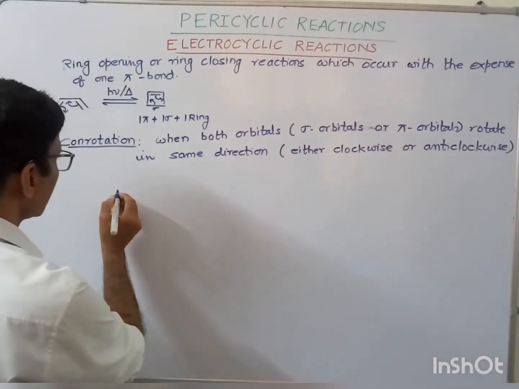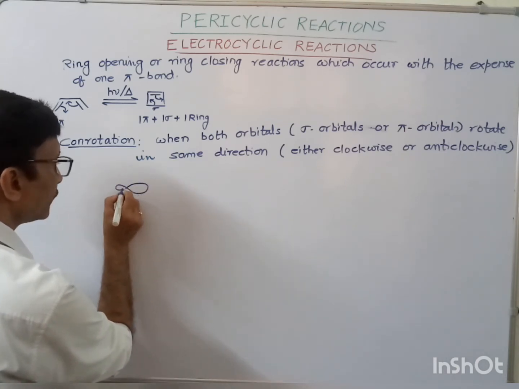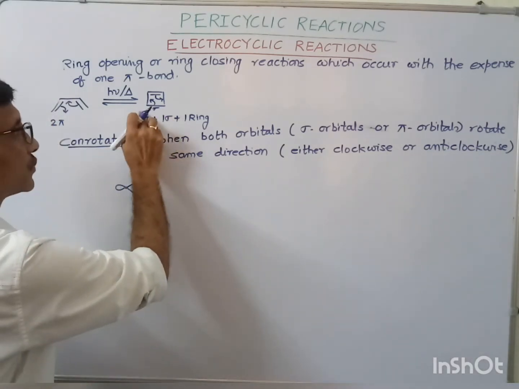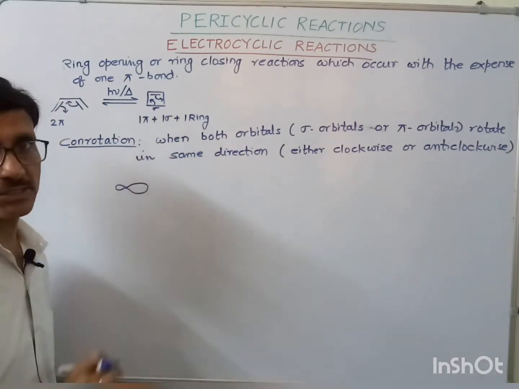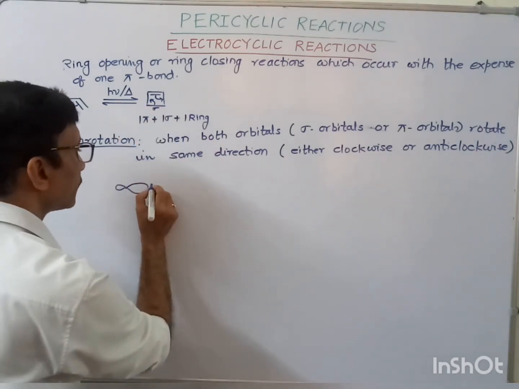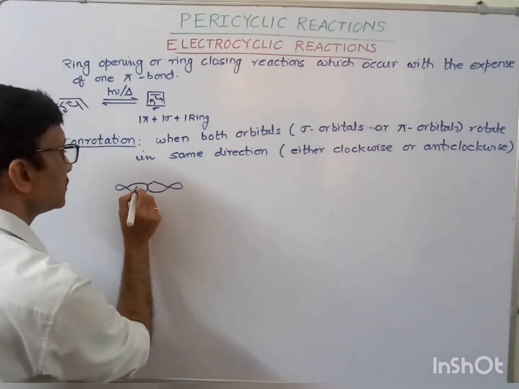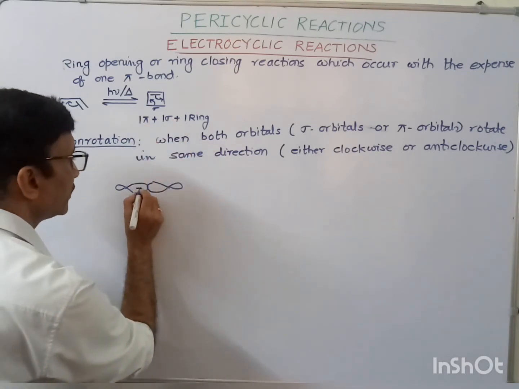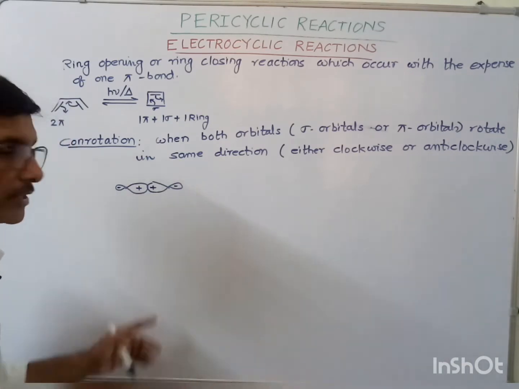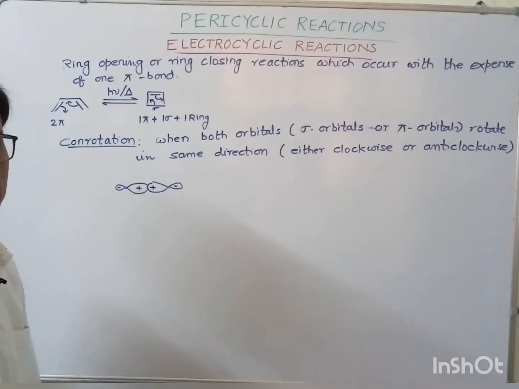Suppose a bond is formed between two sigma orbitals, and suppose these sigma orbitals break. Suppose this is plus plus and minus minus. If the bond is formed, then the middle lobe should have the plus plus sign.